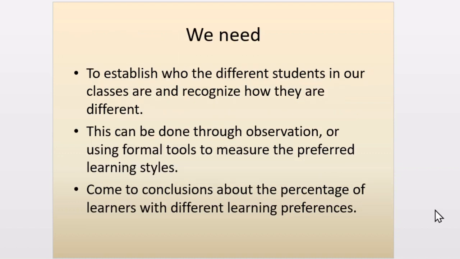What we probably need is to establish who the different students in our classes are, have a better understanding of our students, and recognize how they are different. Here I mean different in the learning styles aspect. This can be done through observation or using formal tools to measure the preferred learning styles. There are many tools based on VAK or MI or other methods to measure the preferred learning styles.